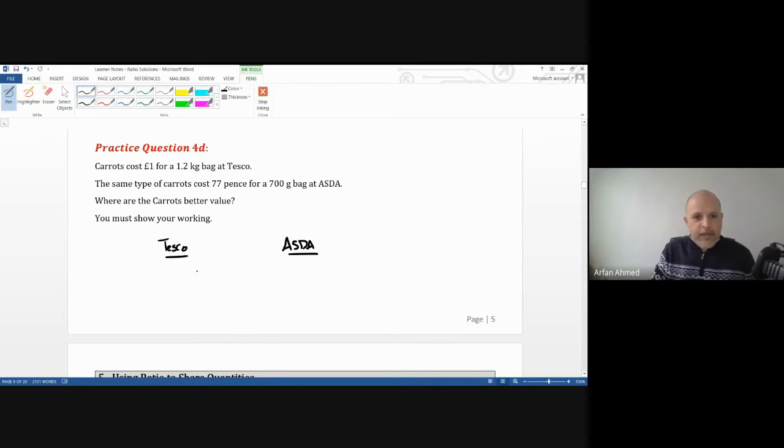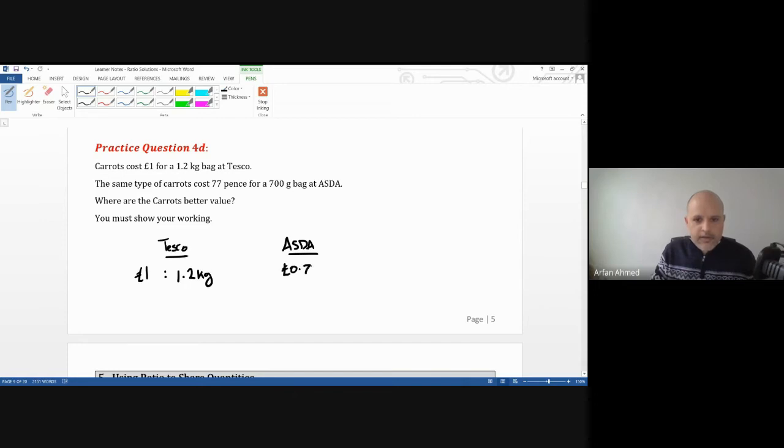I personally prefer Aldi, but it's not in the question, so we'll ignore that. Carrots cost £1 for 1.2 kilograms of carrots. Okay, and Asda, it's 77 pence.